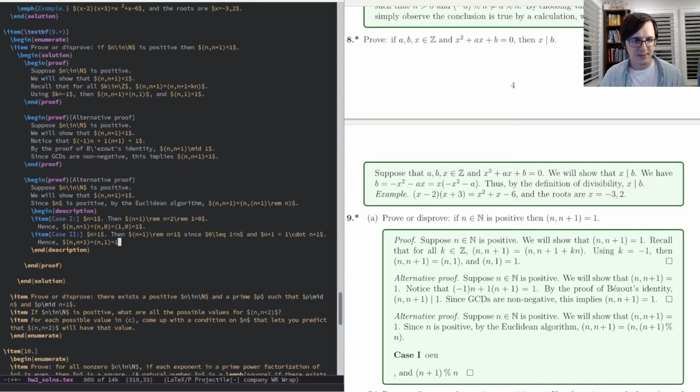And that's just 1. Well, yeah, it's 1. Because we could keep doing the Euclidean algorithm, right? But 1 is the only factor of n and 1. There's not really a point in belaboring that. Okay, since the conclusion holds for both cases, we are done.